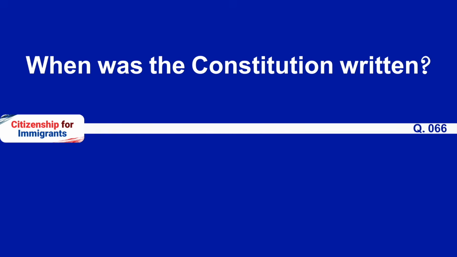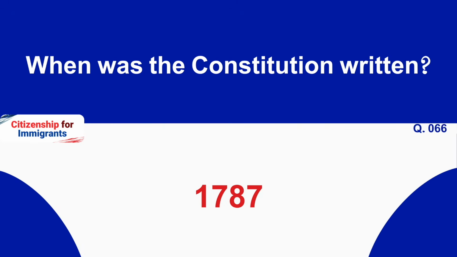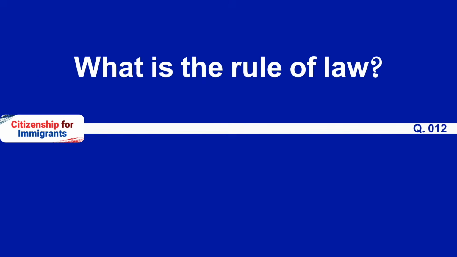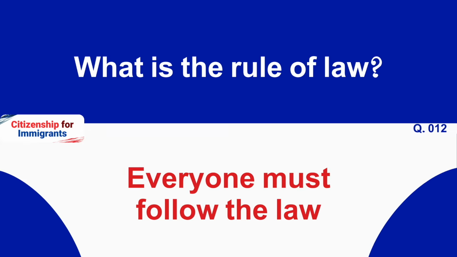When was the Constitution written? 1787. What is the rule of law? Everyone must follow the law.